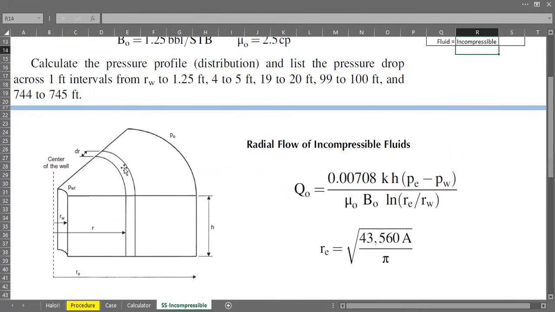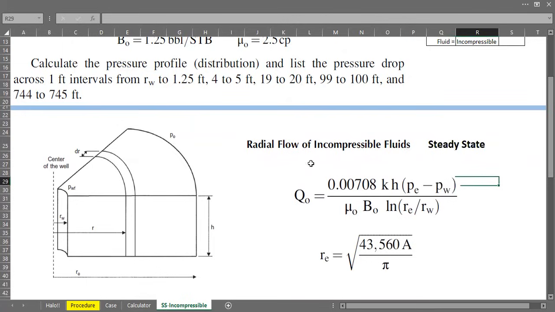Okay, and this is the concept. Let's say we assume radial flow, steady state, incompressible fluid. So I will add steady state here. Steady state flow, radial flow, incompressible fluid. This is the concept, the external pressure, and this is the flowing bottom hole pressure, and then this is the thickness, wellbore radius, and drainage radius.